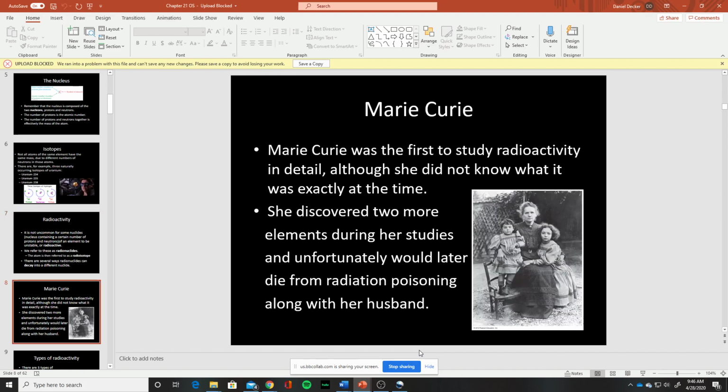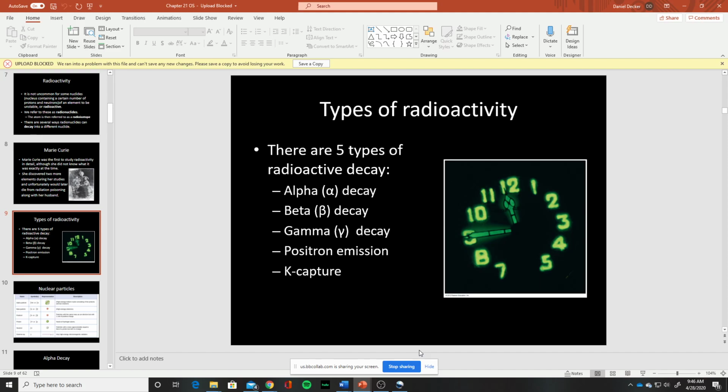And here again, we're just introducing the idea of radioactivity. But now we're getting into the new stuff. So we have 5 different types of radioactive decay. You should be able to work out nuclear decay reactions for any of these 5 that could occur.